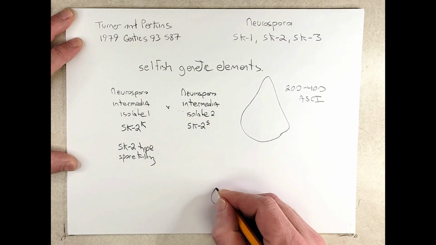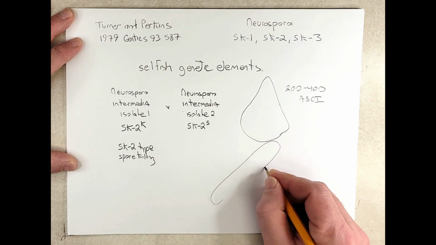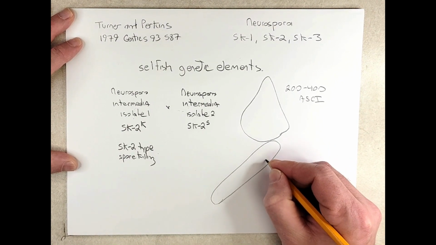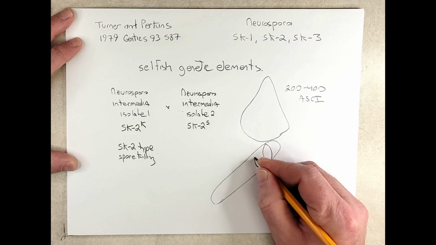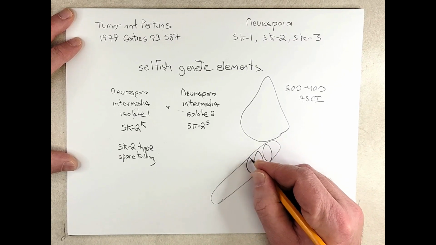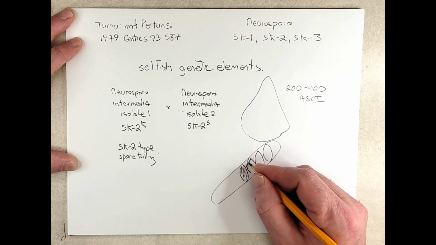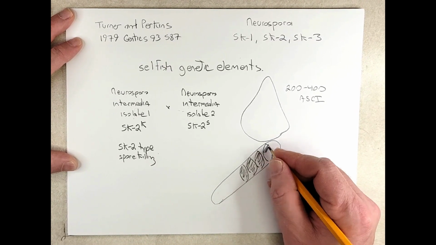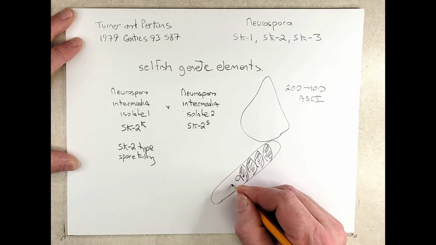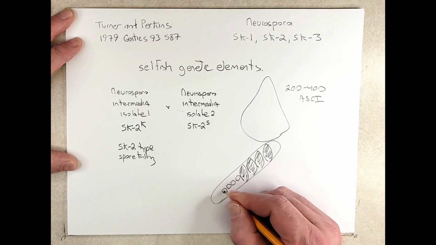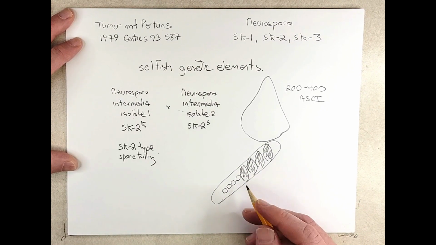And each individual ascus should look something like this. Instead of 8, we should see 4 darkly pigmented ascospores and 4 shriveled up dead ascospores.